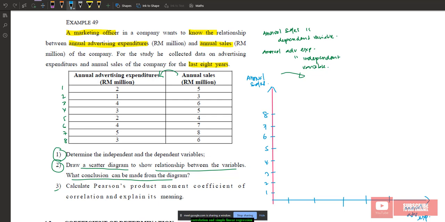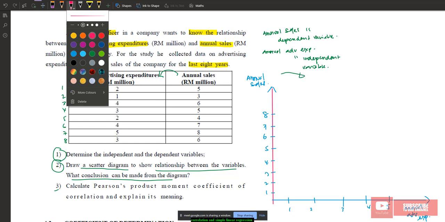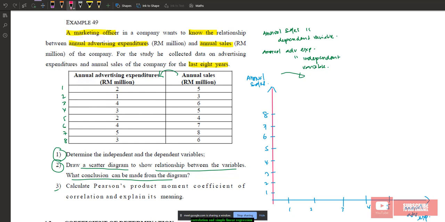Right? So the first one, when annual advertising is 2 million, the annual sales is 5 million. So we just plot this point.